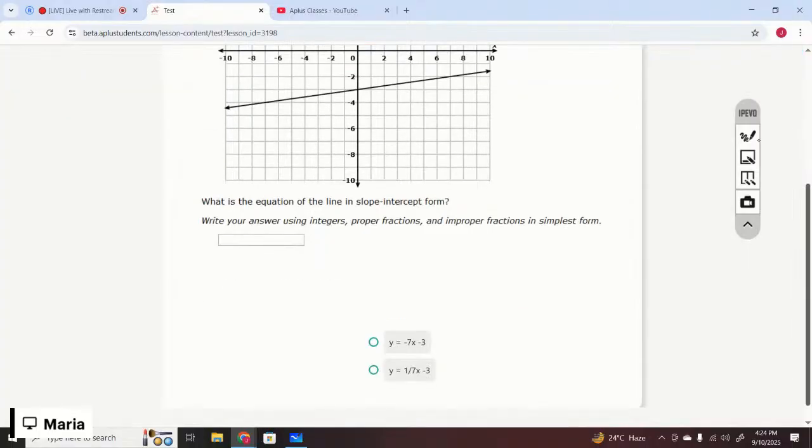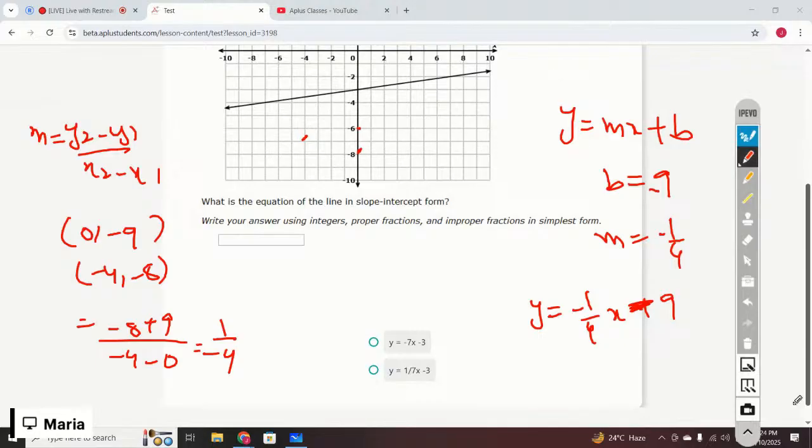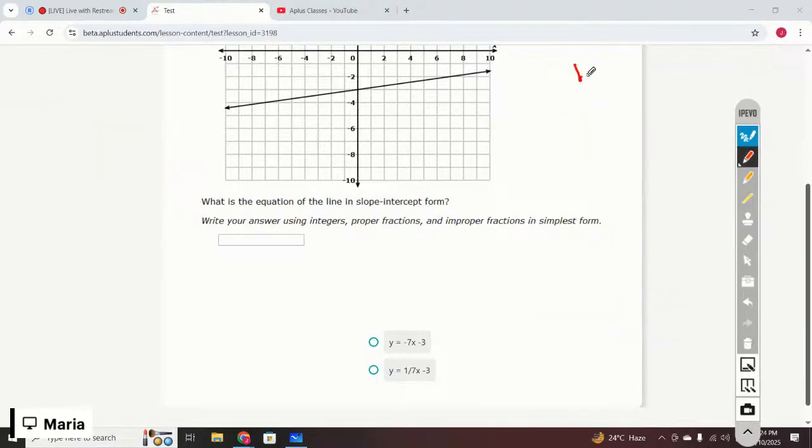Okay, let's just start with the one where we have to find the slope. The thing you need to find is the y-intercept. The y-intercept is -3. So now use the y-intercept and calculate the slope.